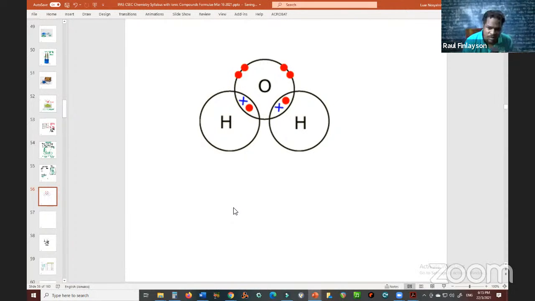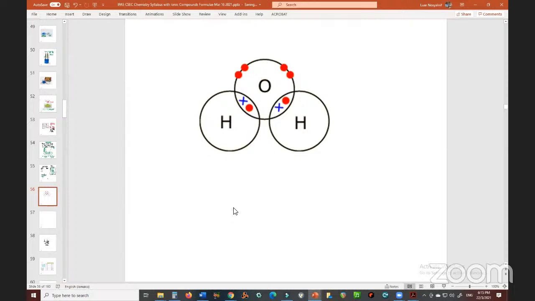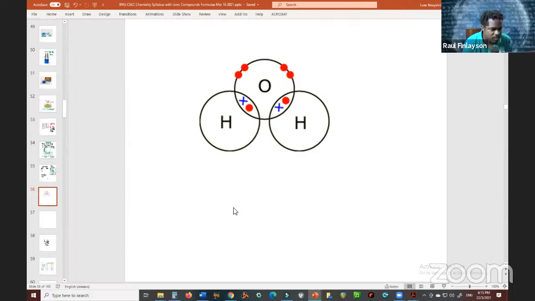How are the circles represented? The circles represent two hydrogen. We said that, but how are the circles represented? That's the question I'm asking. How are they represented? Yes, it's three circles there.